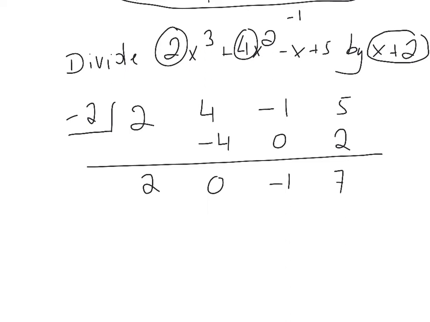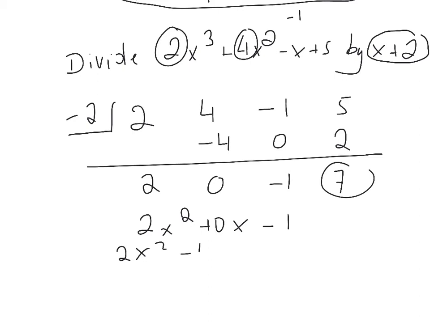Okay, so now what I got is, this is your remainder. Okay, so now what I have is 2, 0, and -1. So if you think about this, this would be 2x squared plus 0x minus 1. In other words, this is the same thing as 2x squared minus 1. So what is your answer to the question?